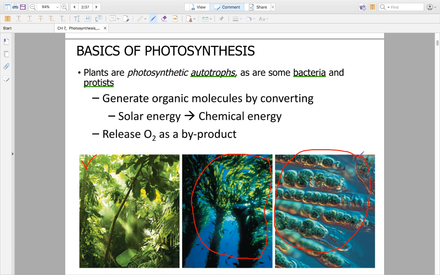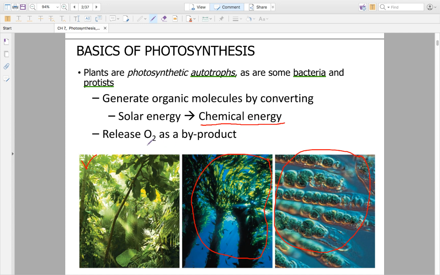All right, now, what does photosynthesis actually do? What is the purpose of it? So what plants and photosynthetic organisms do for us is they are able to take solar energy and convert it into chemical energy.